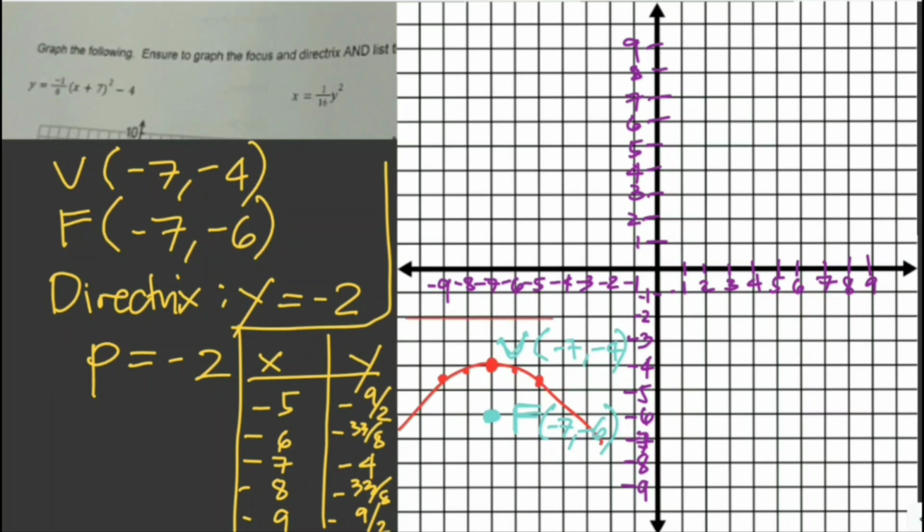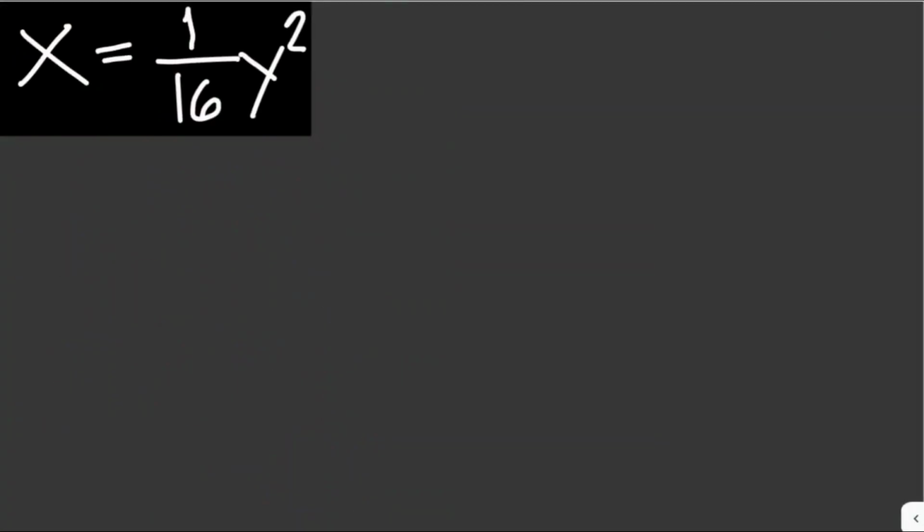So it's somewhere here. This is y equals negative 2. And that's it.